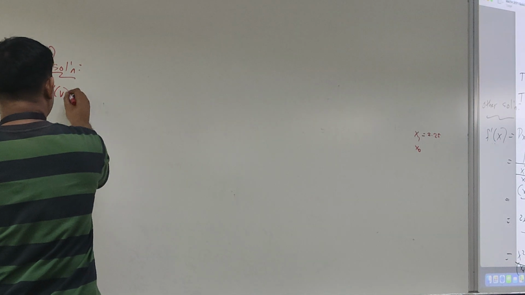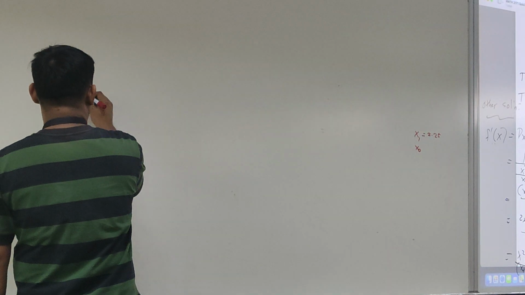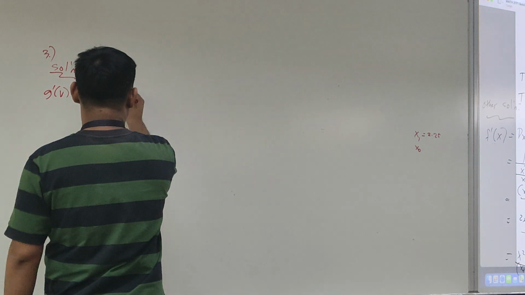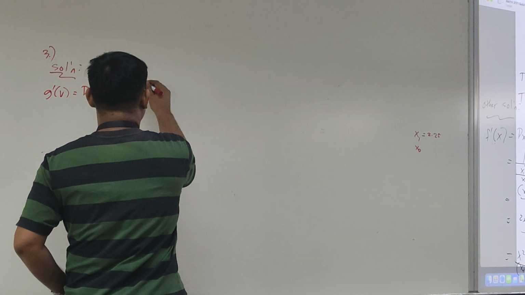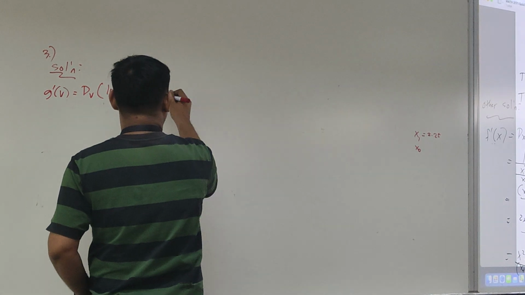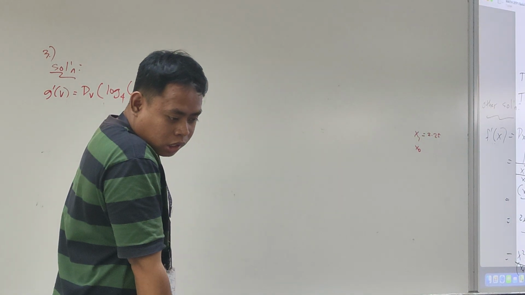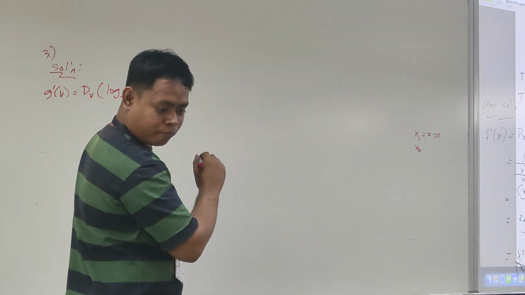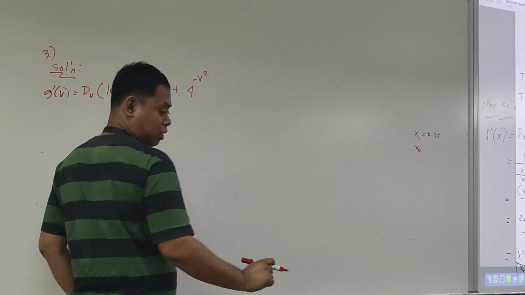So g prime of v is equal to the derivative with respect to v of the logarithmic function of v raised to the negative 3 minus 2v to the base 4, plus 4 raised to the negative b squared.